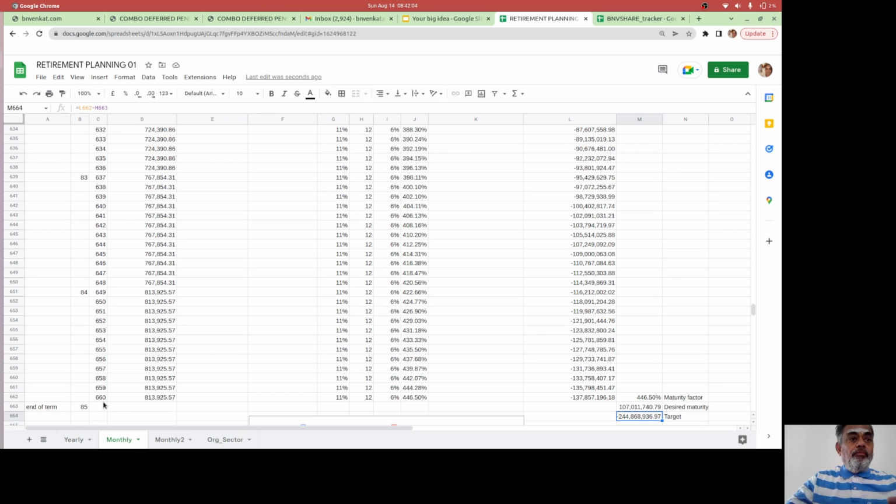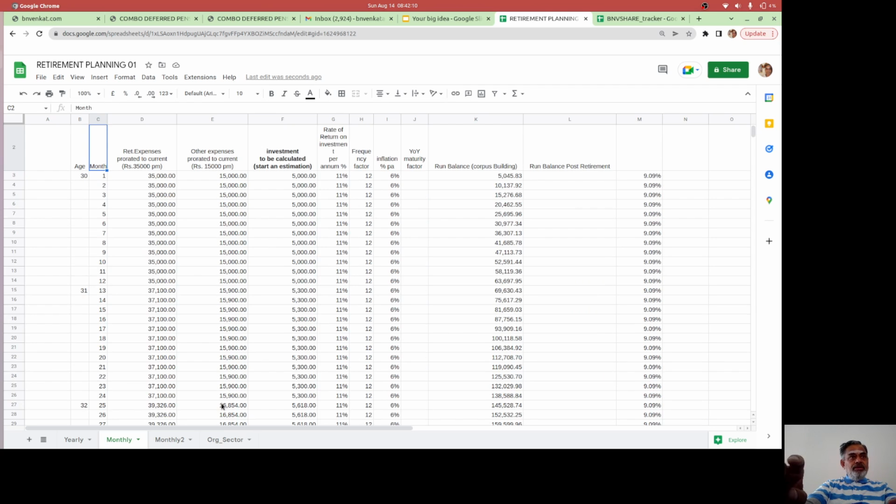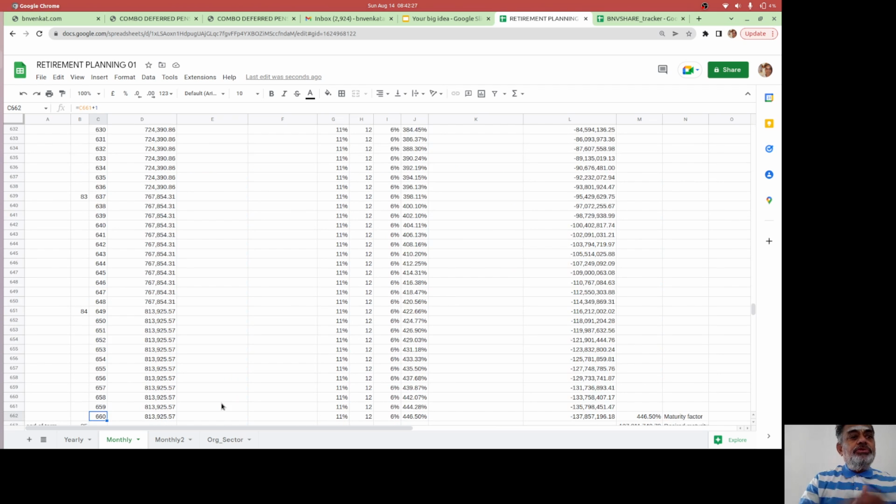Now the month calculation is from the first month to 660 months. At the age of 30, the month is 1. At the age of 31, the month becomes 13, 12 months more, and goes up to 660 months.